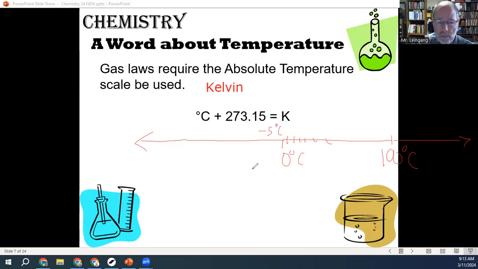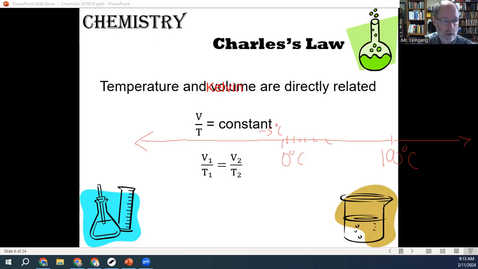The problem with that scale is that you can have negative numbers. And so when you're comparing temperatures, as you would in Charles's law, if you said, what if I start out with -5 and my new temperature is +5?